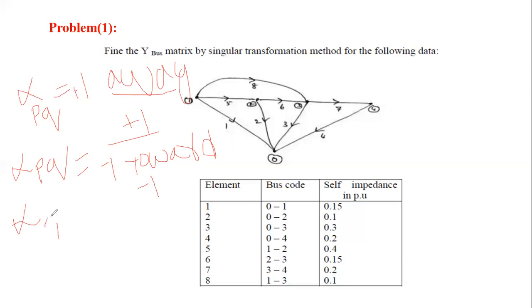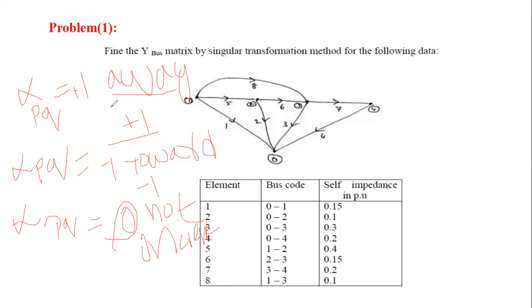Alpha PQ is equal to 0 when the element is not incident to the node. This is the procedure for forming the element node incidence matrix.